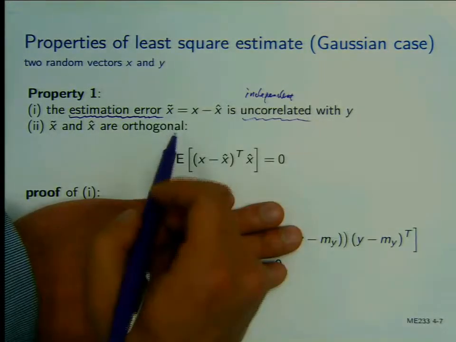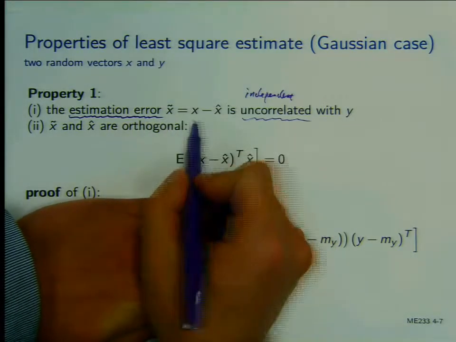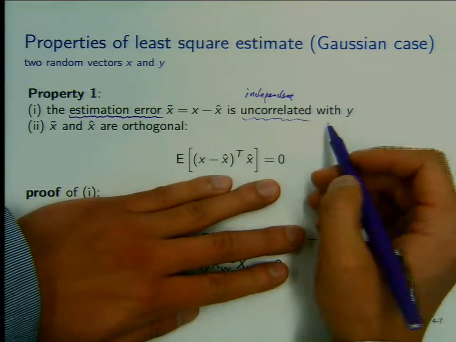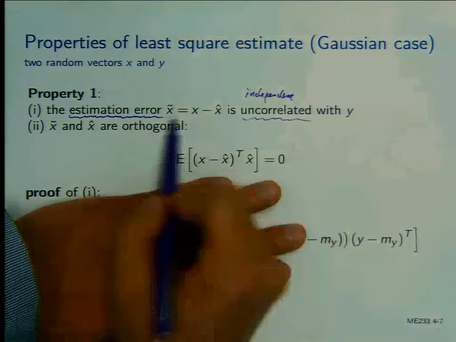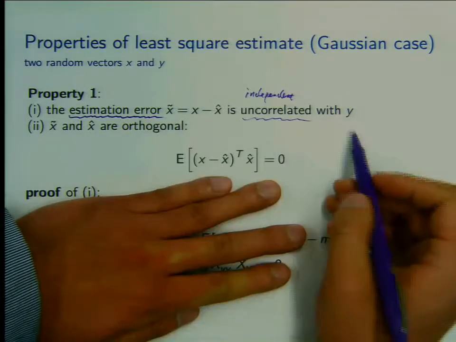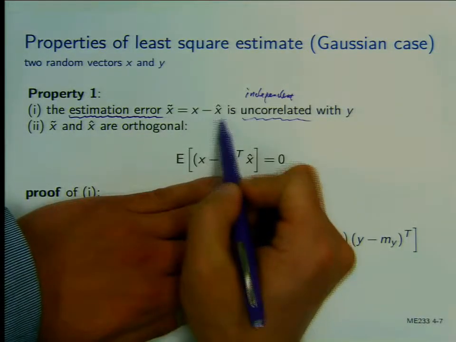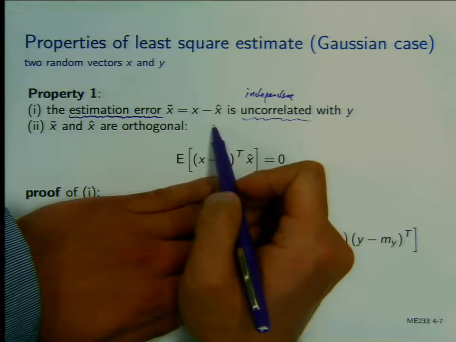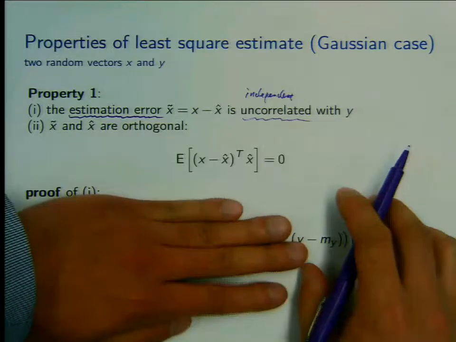So this is saying something very nice. The error, it's sort of like we have tried our best to use y to improve our result. Because you see, the error doesn't contain any information of y. All the information of y has been used to do the estimation here. That's a good result.